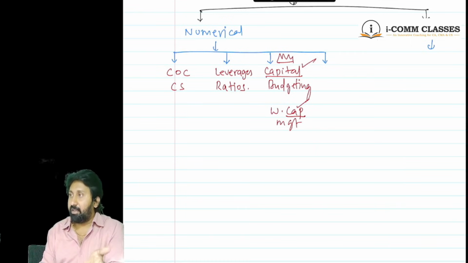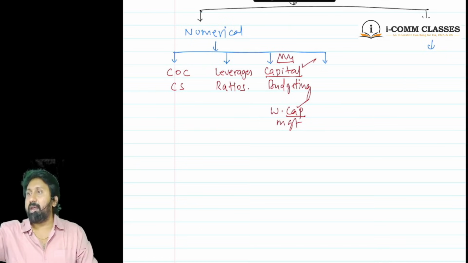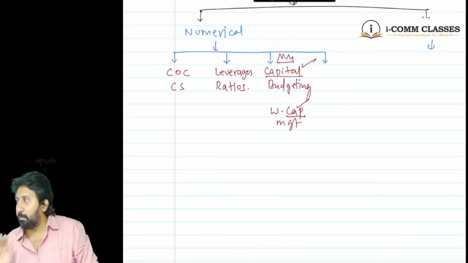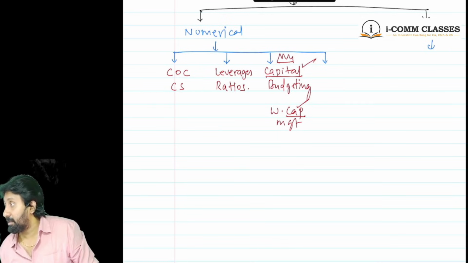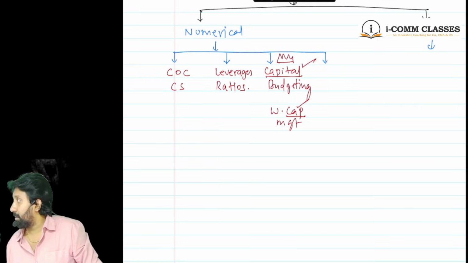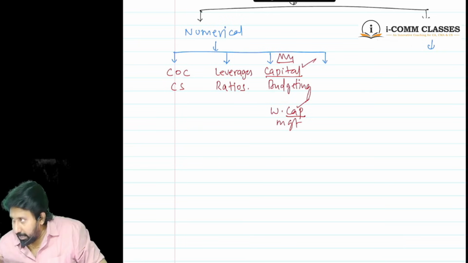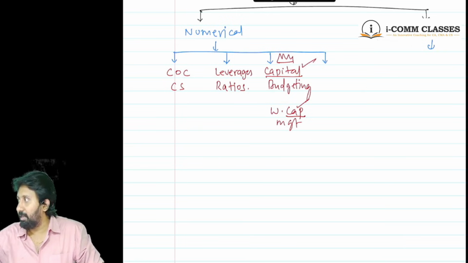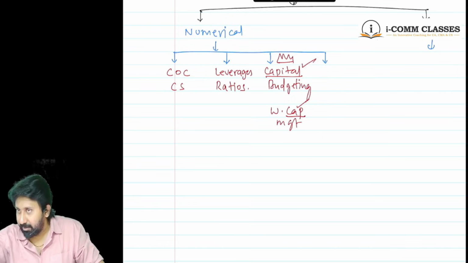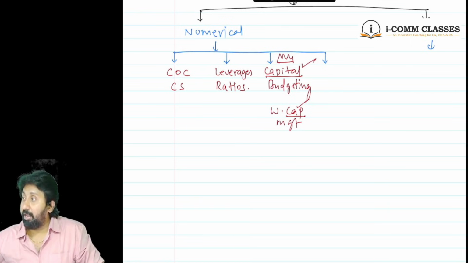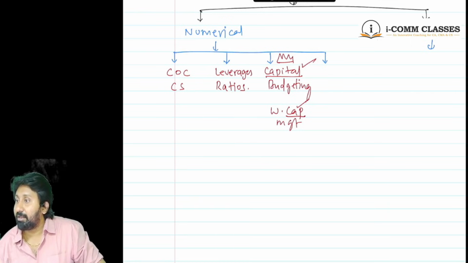Whenever you raise equity, whenever you raise debt, whenever you raise preference, for example, you are a debenture holder. You are giving me money, I am giving you debenture. You will give me money and expect some return. Who should pay? I am the company. You are the debenture holder. Why did I give you a debenture?